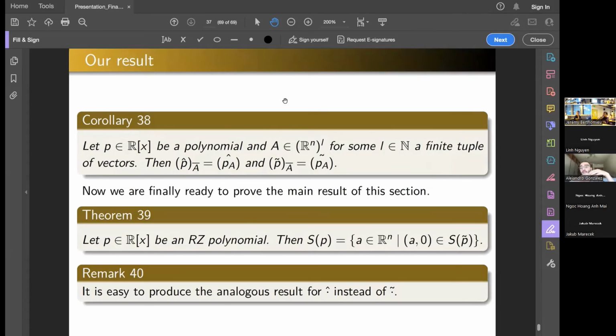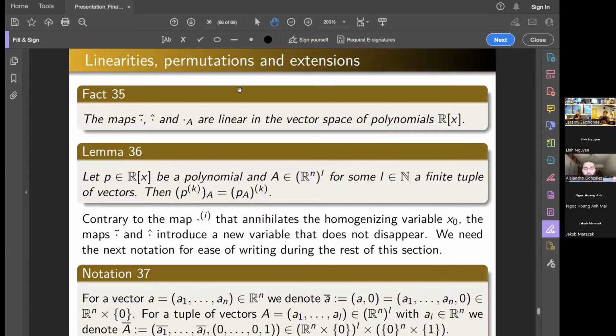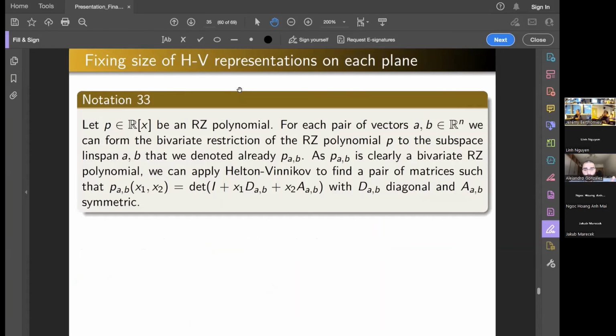The Lax conjecture says that for two variables, these polynomials, when normalized, meaning that at zero they are equal to 1, can be written as a determinant of this form: the determinant of the identity plus x1 times a symmetric matrix plus x2 times another symmetric matrix. This is the Lax conjecture. This is true. Helton and Vinnikov proved it.